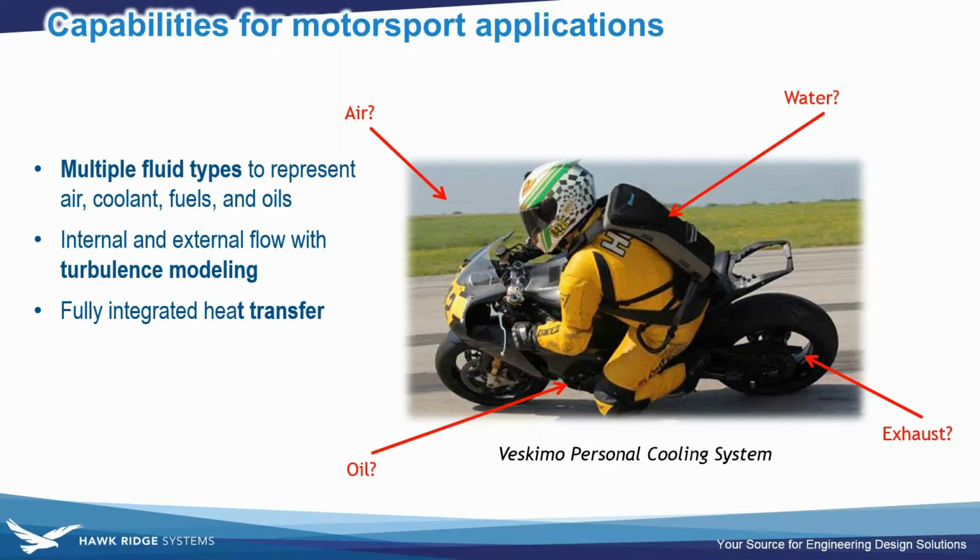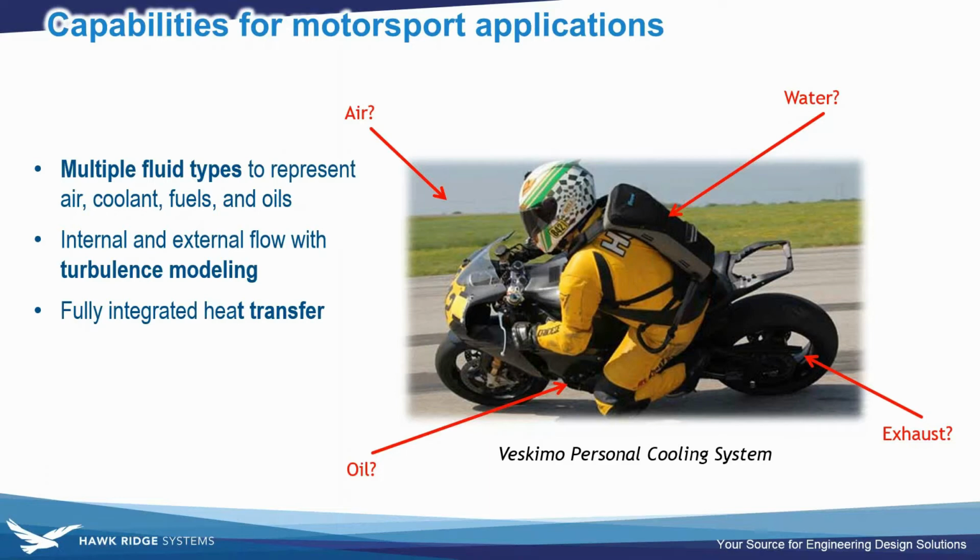And SOLIDWORKS Flow Simulation can represent all those different fluid types. Gases to represent air or exhaust, liquid to represent coolant, like for example Freon or fuel, and even non-Newtonian fluids to represent things that have high viscosity like oil, which might be changing depending on the shear rate in the different parts of the engine or the temperatures.